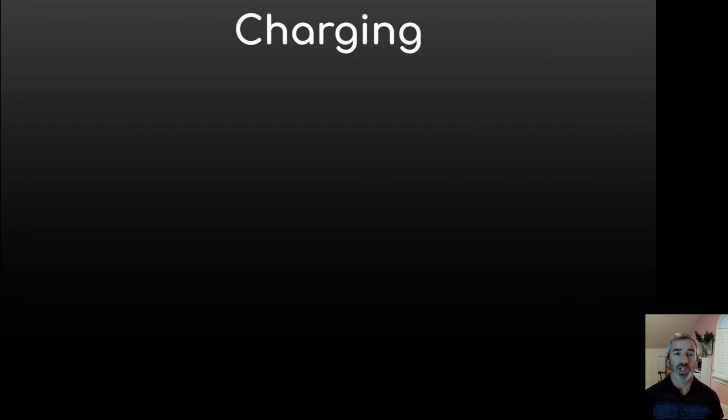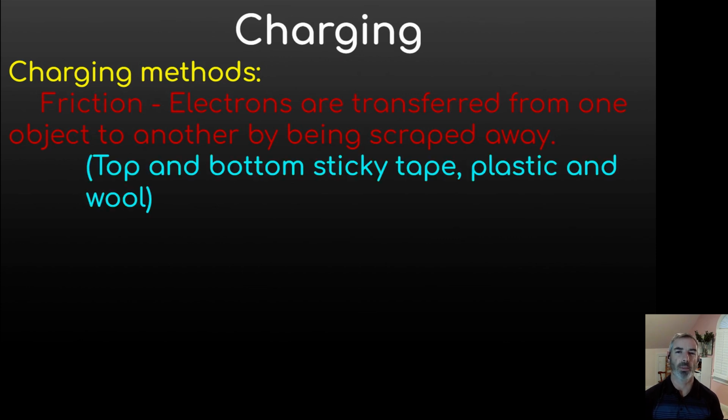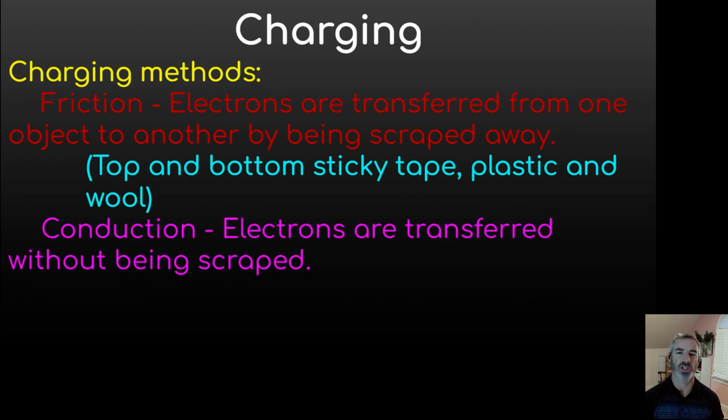Let's look at some charging methods. The first one we had was the sticky tape activity. Friction: when we ripped the pieces of tape apart, it transferred electrons from the top tape to the bottom tape, again using that triboelectric series. The second type of charging is conduction. This is where electrons are transferred without being scraped.